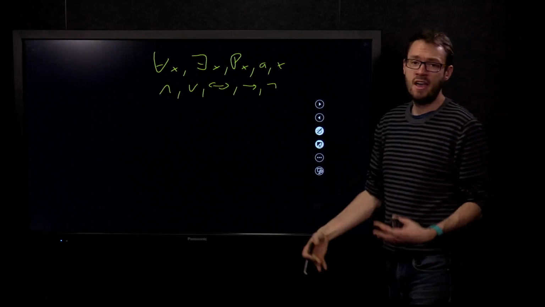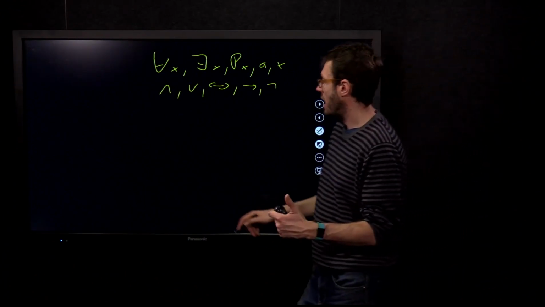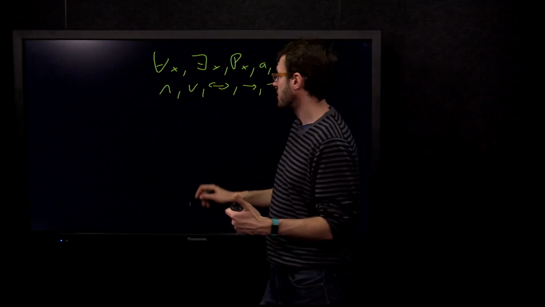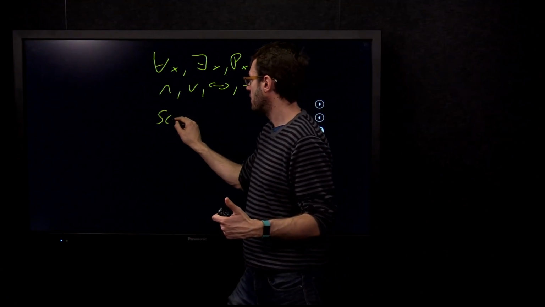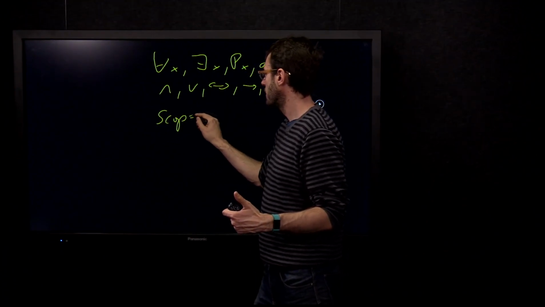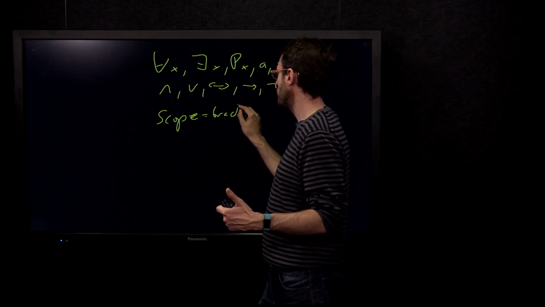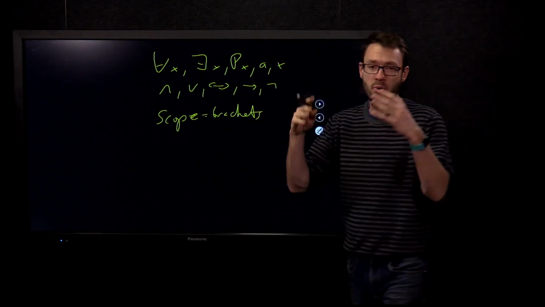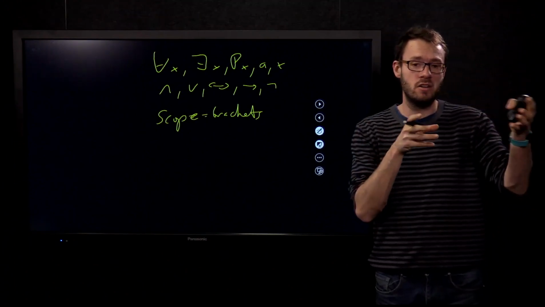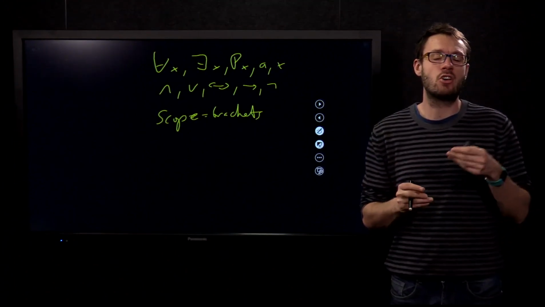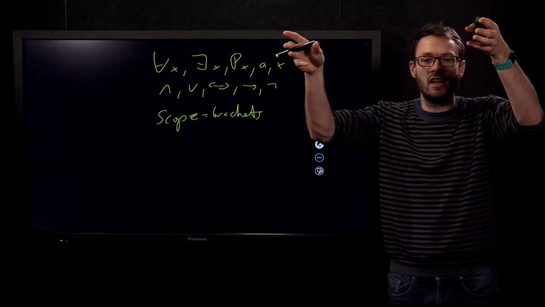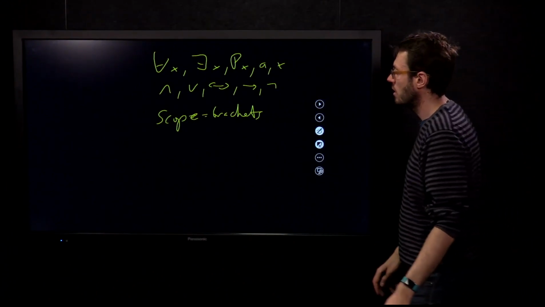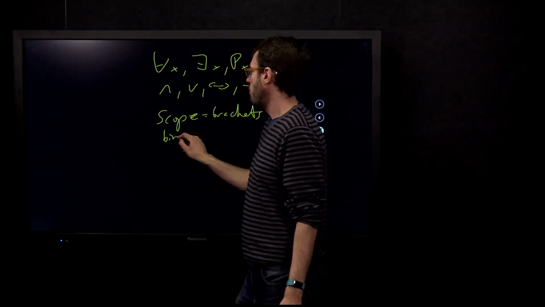Some key points about the language. One, you've got to be careful about the scope. Scope equals brackets, right? So you look at where the brackets lie with respect to the universal or existential quantifier, and the scope of a quantifier is whatever lies within the brackets immediately following that quantifier. We've got to be careful about binding.